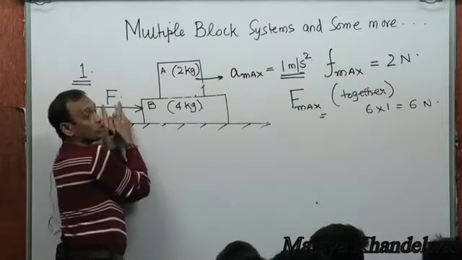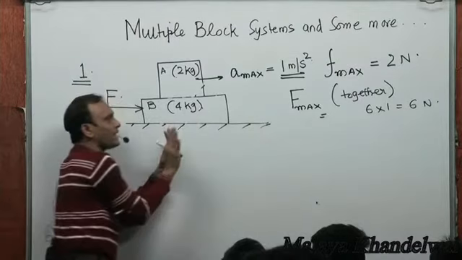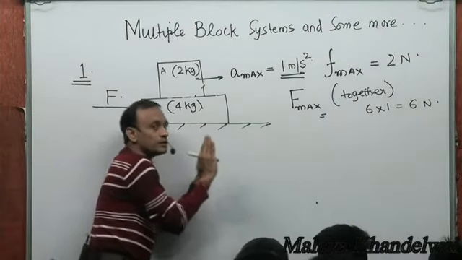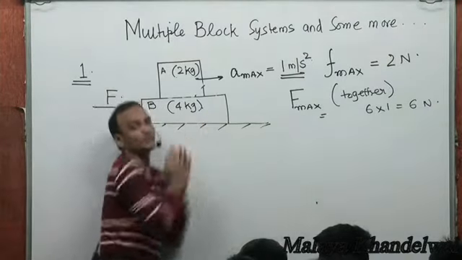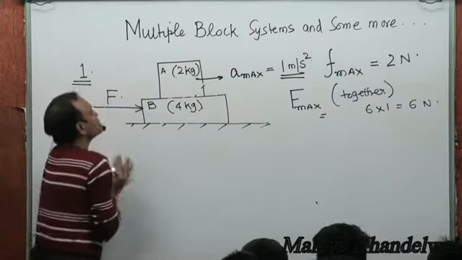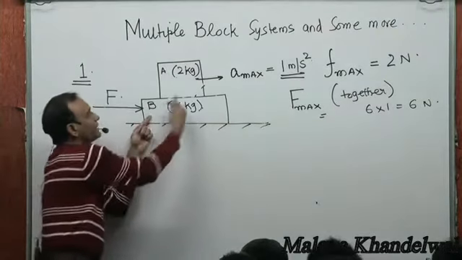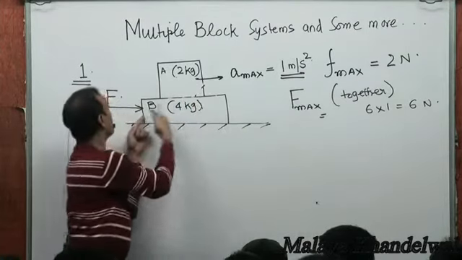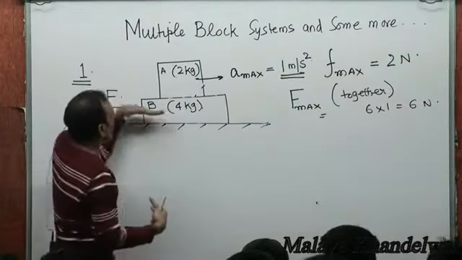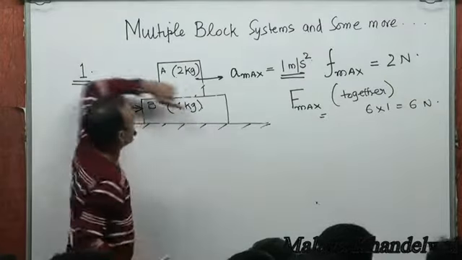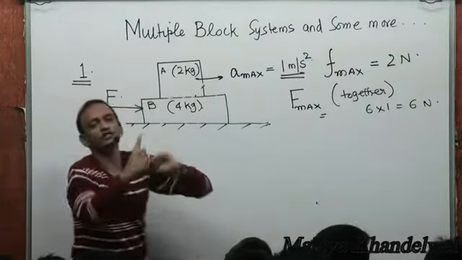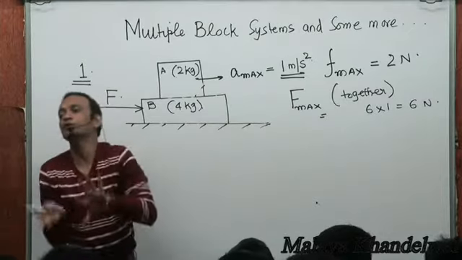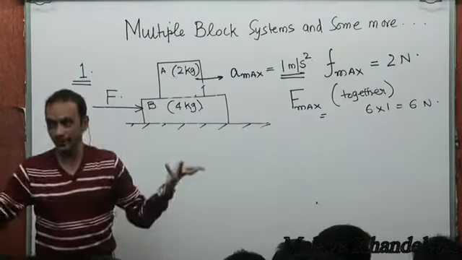The minimum force F that you must apply so that the system or part of the system would move. Well, first of all, in order that any activity between B and A gets initiated, B must move, right? Because until and unless B moves, there would be no association between B and A. Frictional force will not get invoked, right?